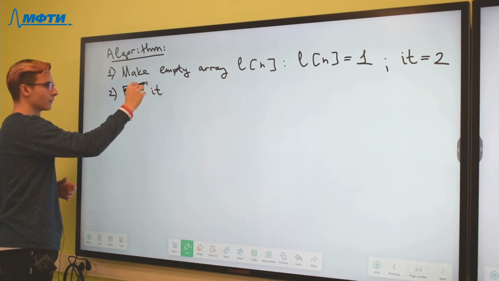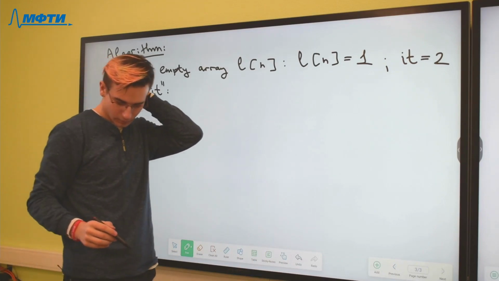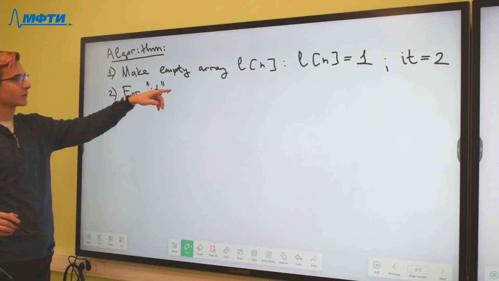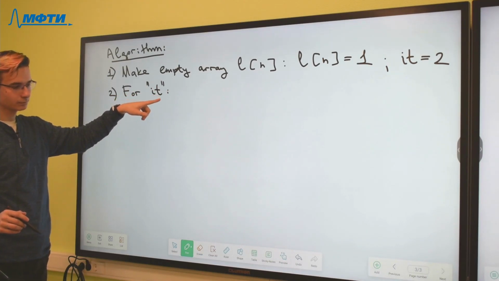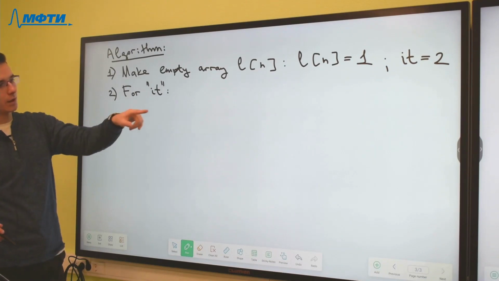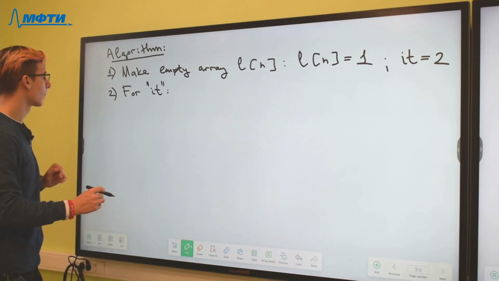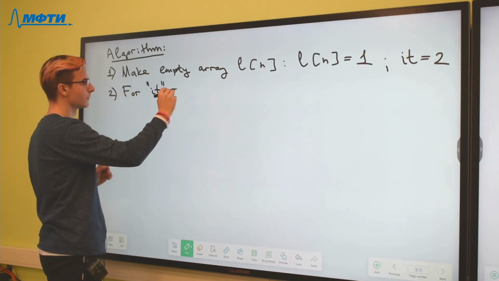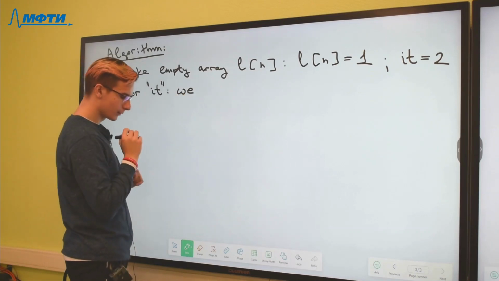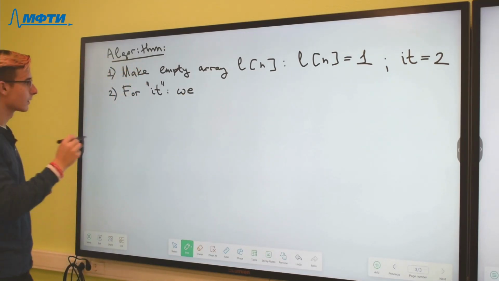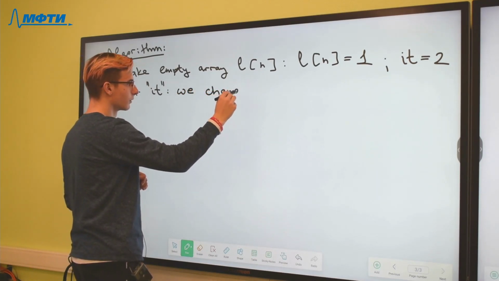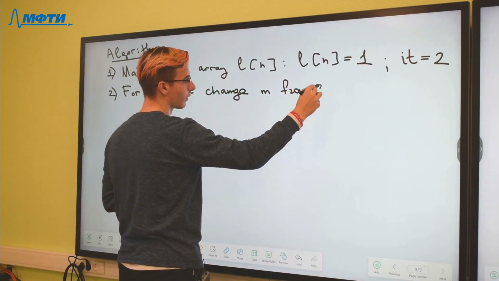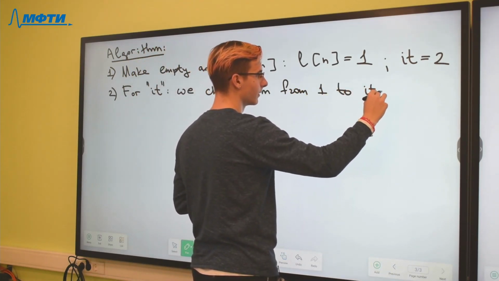For it, we go from 1 to i minus 1 and compare Am and Ak. We change m from 1 to i minus 1.